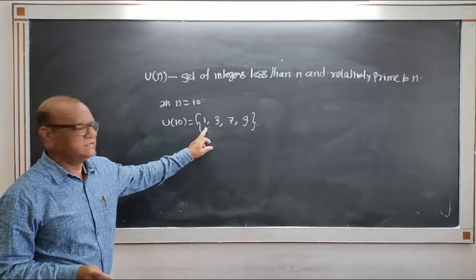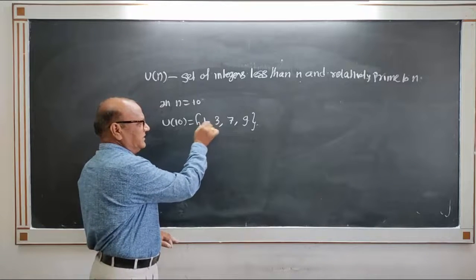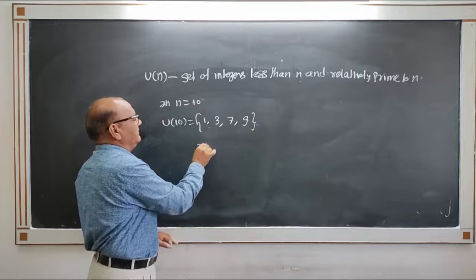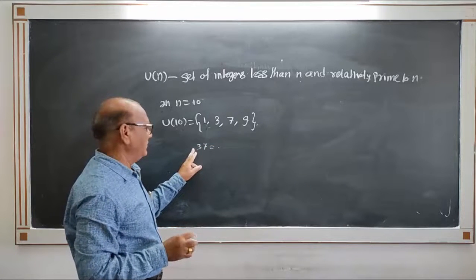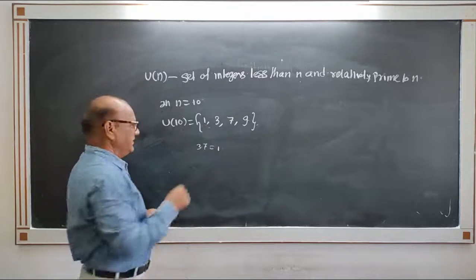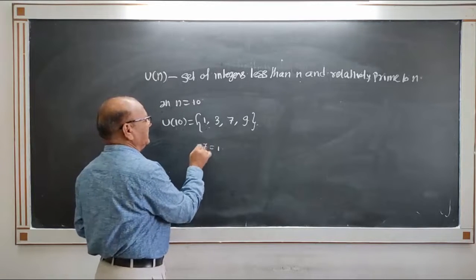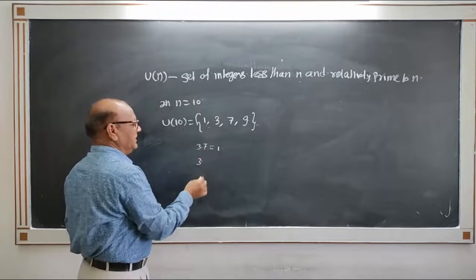This is a group. See here, 1 is the identity element. If you take the product 3 into 7, where the product is multiplication modulo n, this is again 1. Clearly the inverse of 3 is 7 and the inverse of 7 is 3.